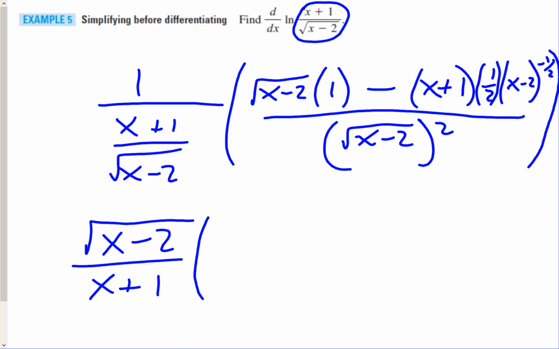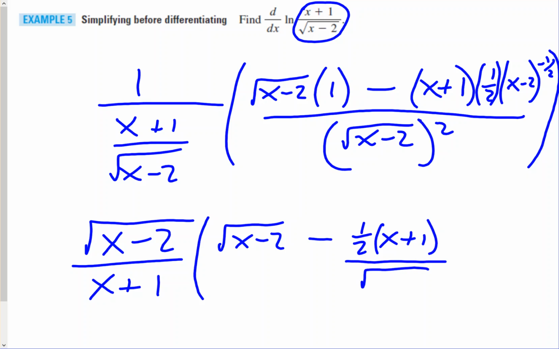Inside here we have square root of x minus 2 minus, now here we have x plus 1 times 1/2, and then this x minus 2 to the negative 1/2, that'll be square root of x minus 2, and then the denominator, the square root squared, that's just x minus 2.